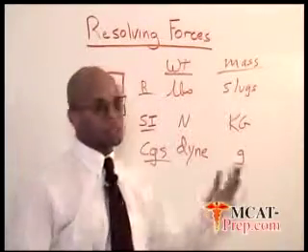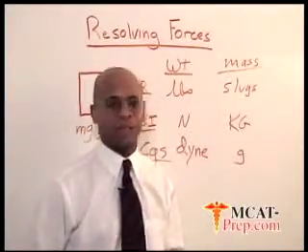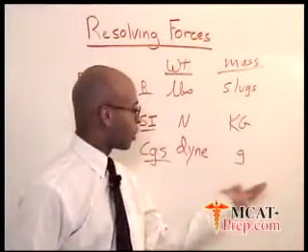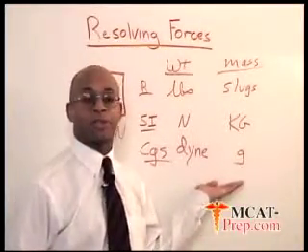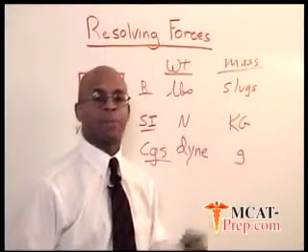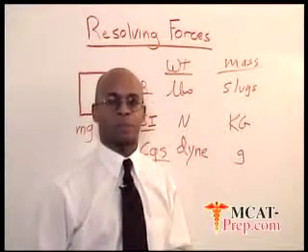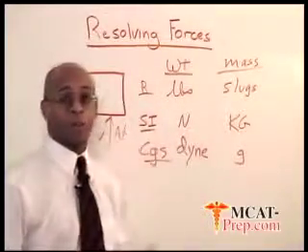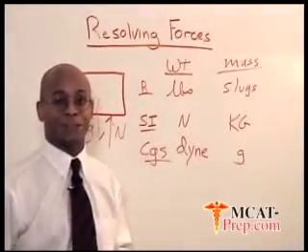And the conversion factor you should also be able to determine, because you know this is 9.8 meters per second squared, so the conversion to centimeters per second squared must be 980 centimeters per second squared.